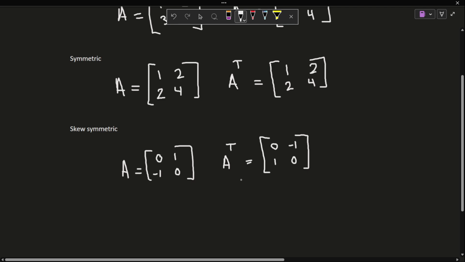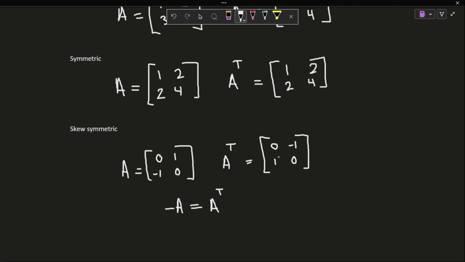You can see that, hey, if I were to do -1 times our matrix, which is a scalar multiplication, that's going to equal our transpose, because this would turn into a +1, this would turn into a -1, and that's exactly what we have over here on the right. So that means that skew symmetric is whenever a matrix equals the negative of its own transpose.